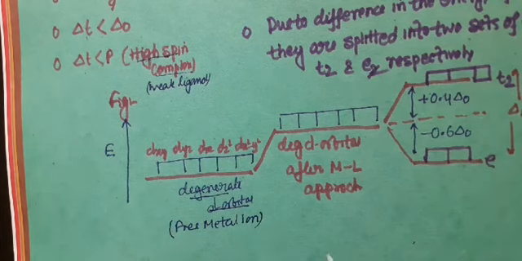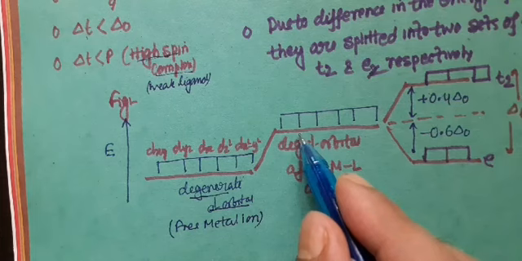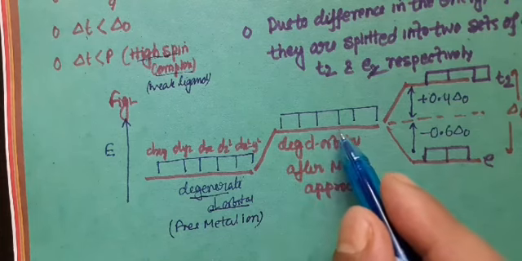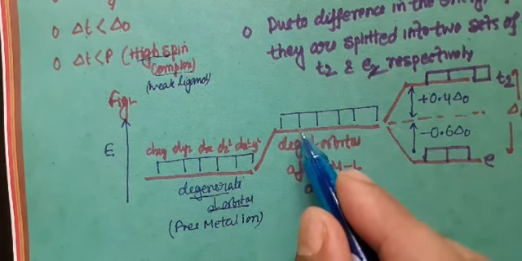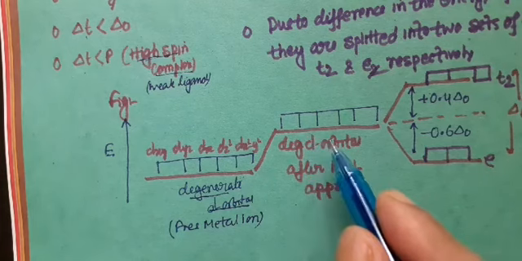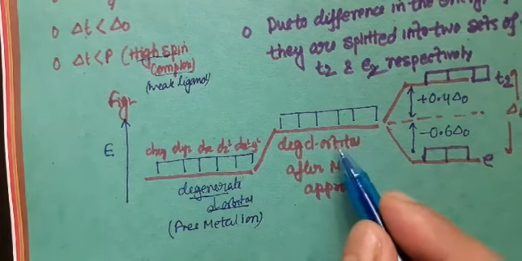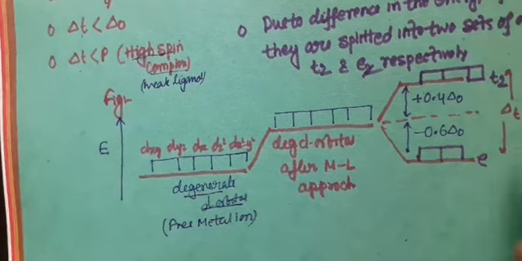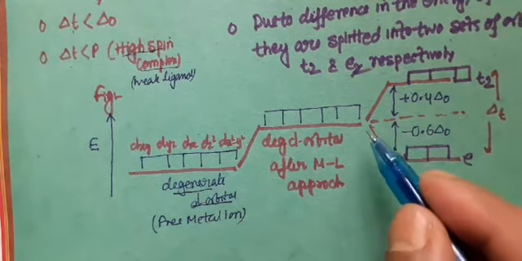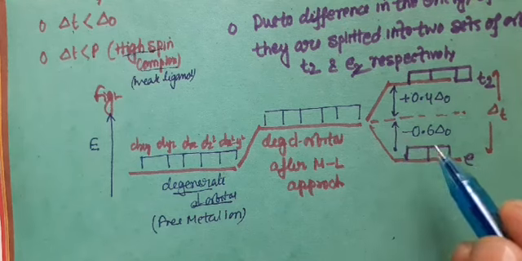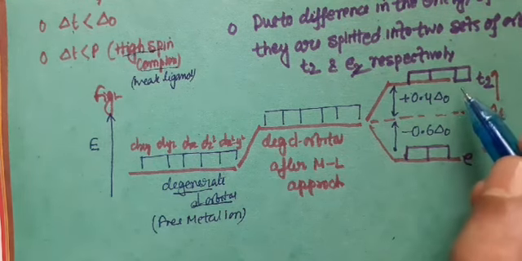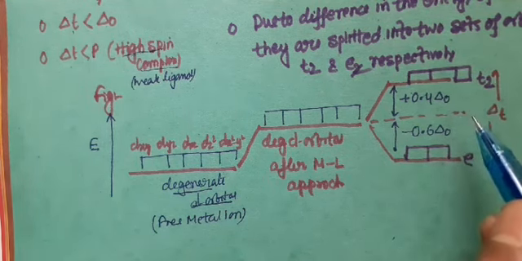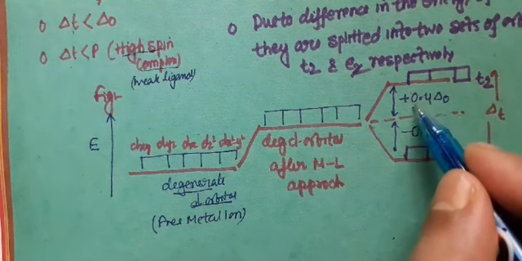This is the free metal ion, and when the metal ion is approached by the ligand, then the d orbitals of the metal ion acquire a little bit higher energy than the previous one.